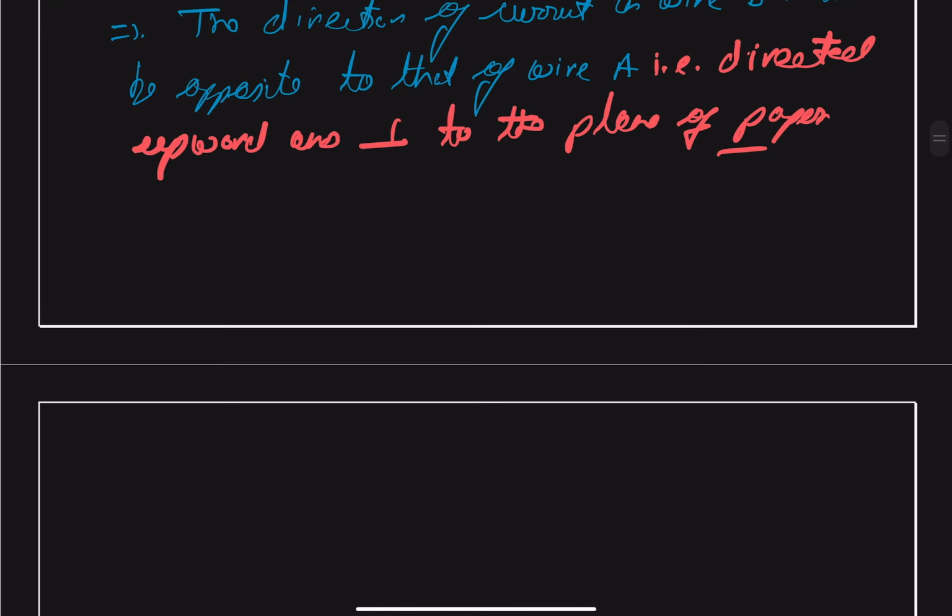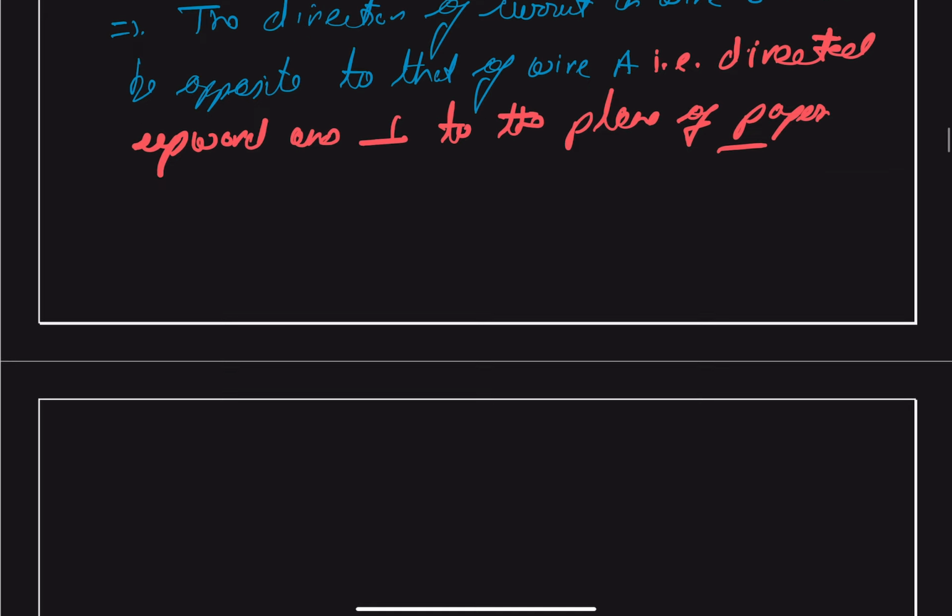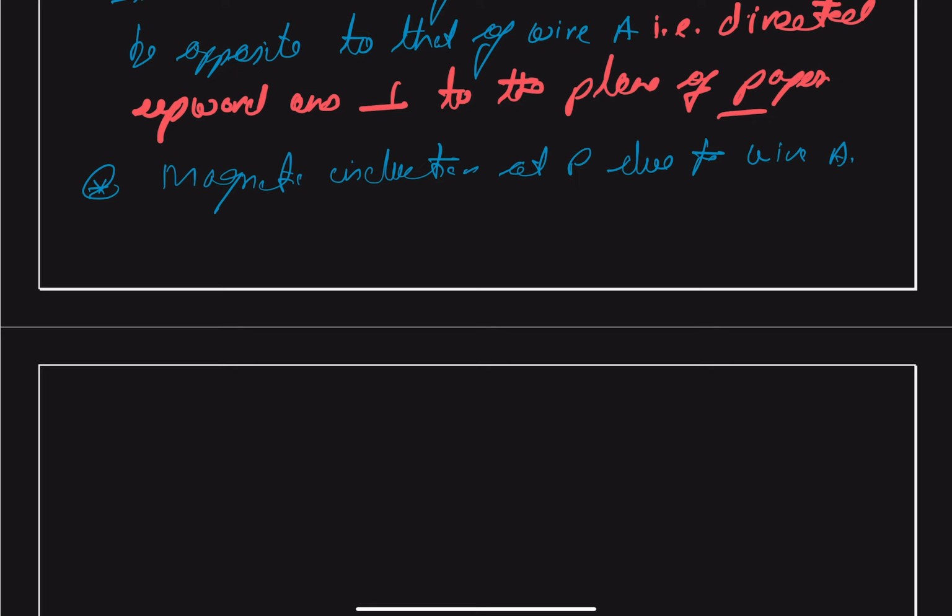Now we can write the magnetic induction at point P due to wire A. Let us suppose that is given as B1, then B1 will be equal to mu naught I1 upon 2 pi R1.